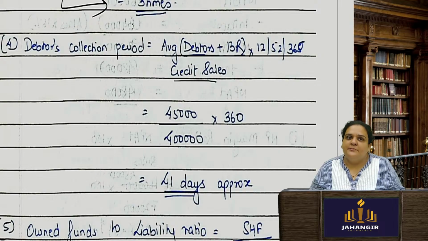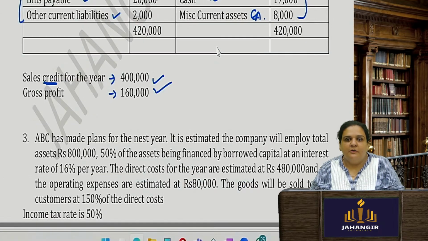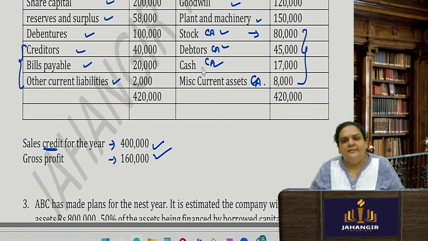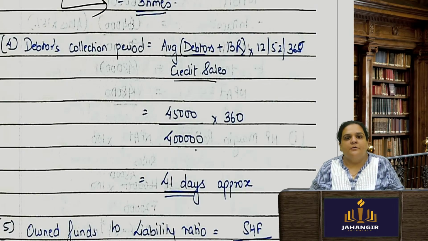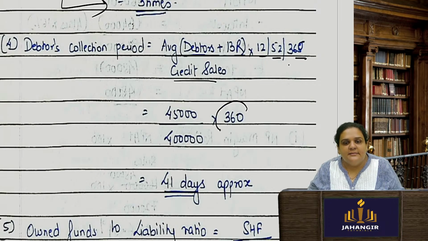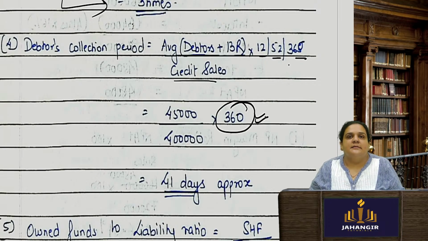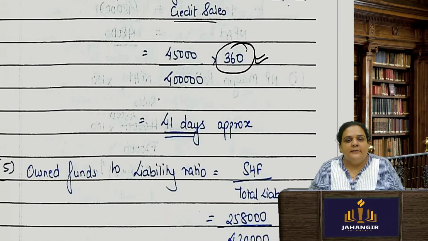Average debtors plus bills receivable, they have not given opening closing. So I will take this debtors 45. So 45,000 upon 4 lakhs into, I told you, you can take 12, 52, 365 depending on what is given in the question. They have told me to take 360. So I will take 360. Debtors collection period will be 41 days approximately.